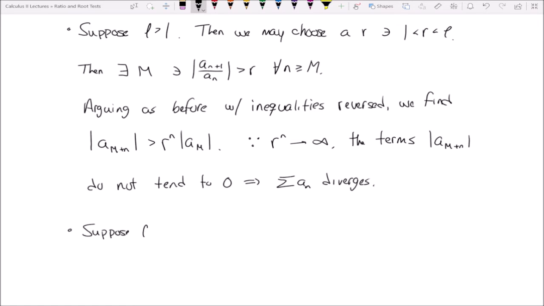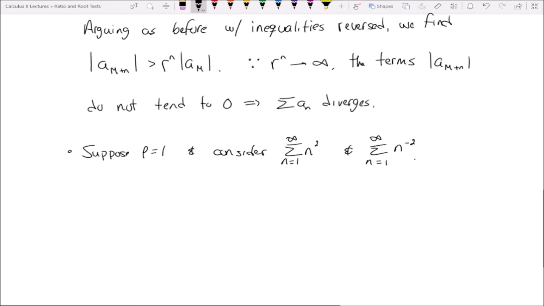The final case is suppose rho is equal to 1. What we're going to do is consider the series n equals 1 to infinity of n squared and the series n equals 1 to infinity of n to the minus 2.